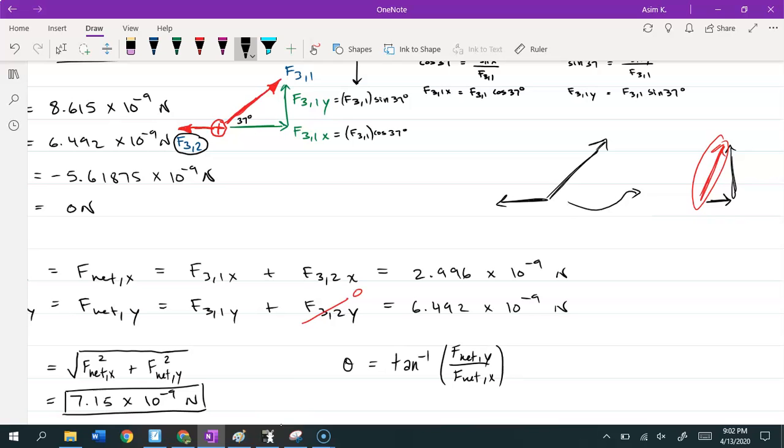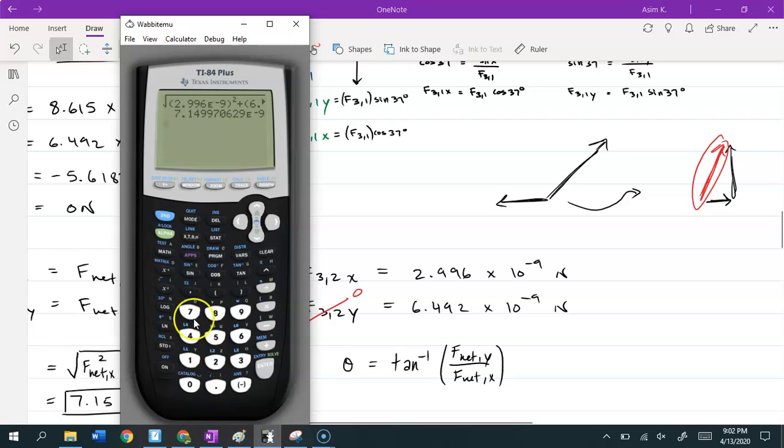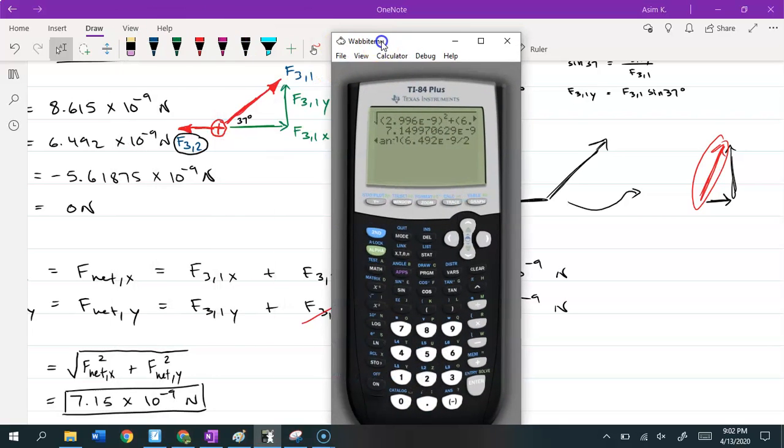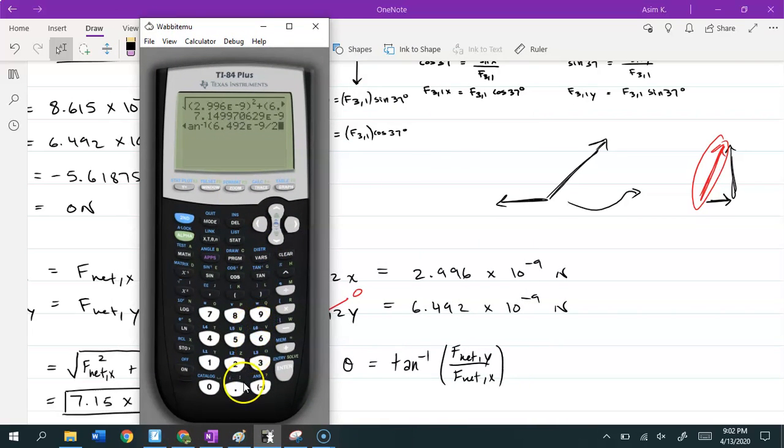So let's use the tan inverse ratio using those same exact two values. I realize this takes a little bit more time for me to type this all in, but I just wanted to make sure that you're comfortable with it and you're convinced by it. So F net y, once again, is 6.492 times 10 to the power of negative 9, and then we are dividing that by 2.996 times 10 to the power negative 9 as well.